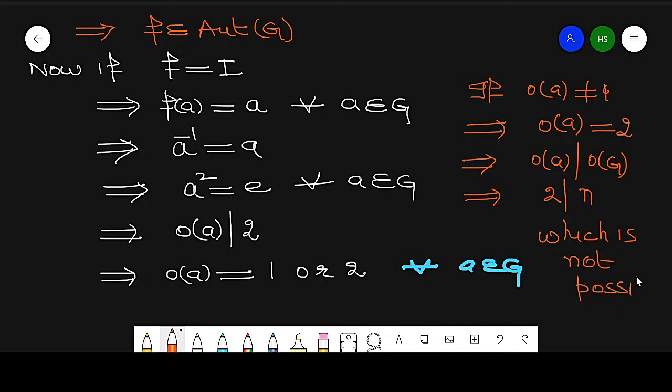So the order of a is 1, meaning a is the identity. Since this is not possible, F is not equal to I. So F is a non-identity automorphism.